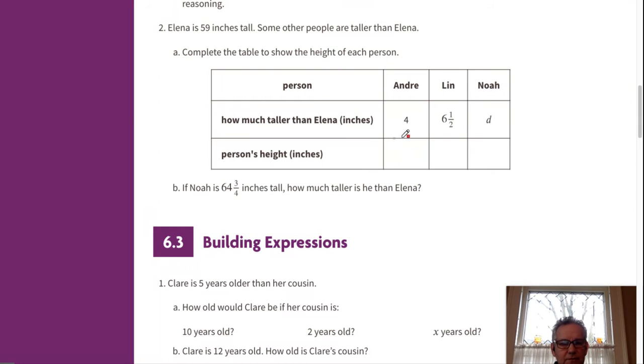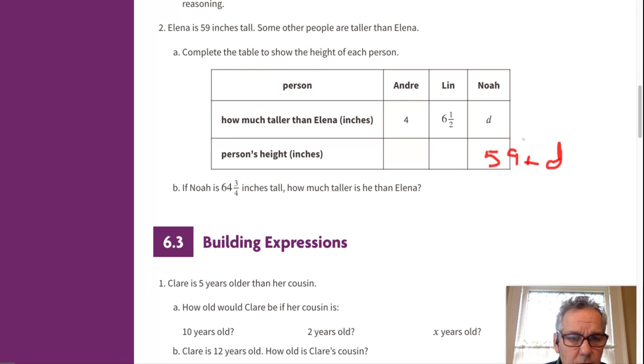Therefore, it would be 59 plus 4. Lynn is 6.5 inches taller than that, so it would be 59 plus 6.5. And Noah is D inches taller than that, so it would be 59 plus D. And all we're doing there, boys and girls, is we're using a variable where we typically would use a number. But in this particular case, we just don't know what Noah's height is.